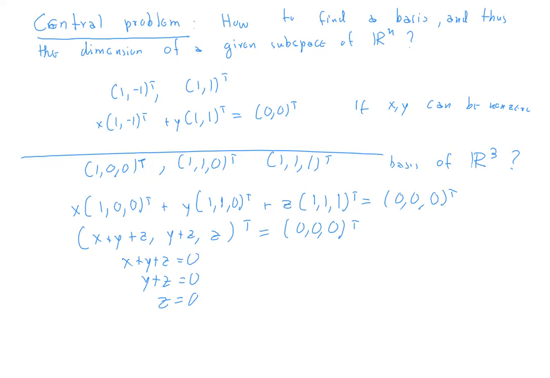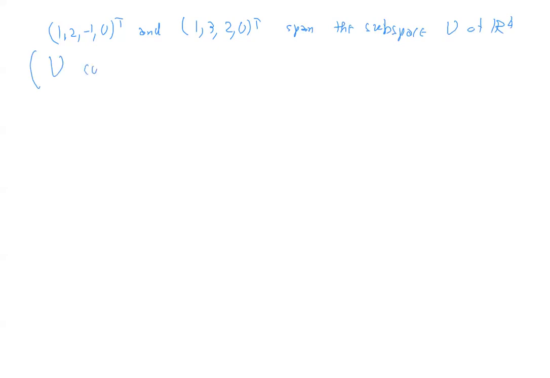And the last one says, suppose that the vectors 1, 2, -1, 0, and 1, 3, 2, 0 span the subspace U. What do we mean by span? We mean we take all linear combinations of these vectors. So U consists of all the linear combinations of these vectors.